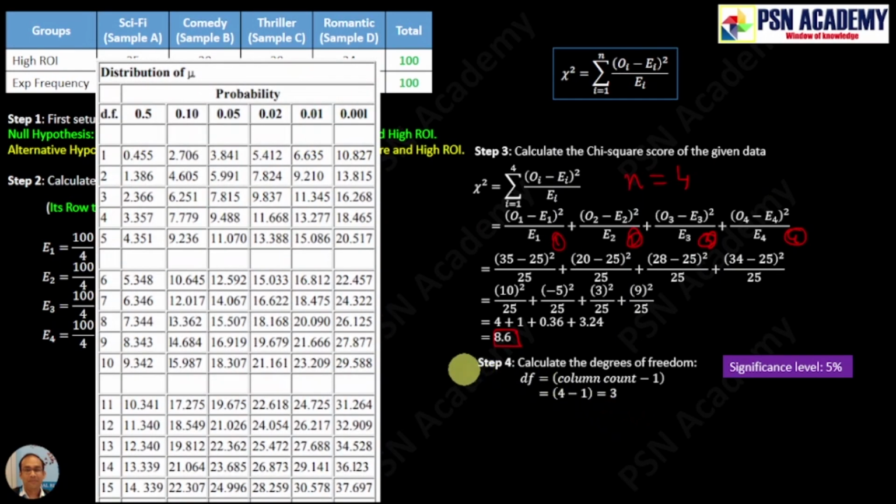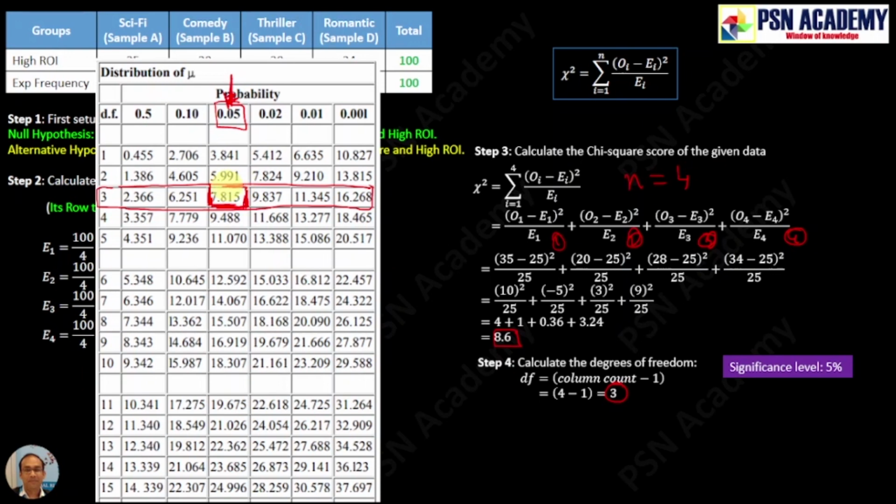Now we consult the table, and for this significance level 5, this is our required column, and in this case we have degree of freedom as 3. So here we go with this one, this degree of freedom is 3 here, and along with that we have got this value, 7.815.